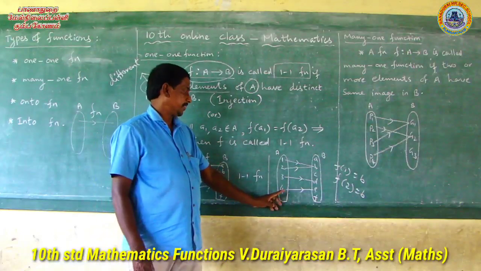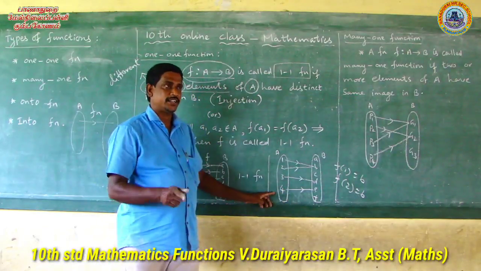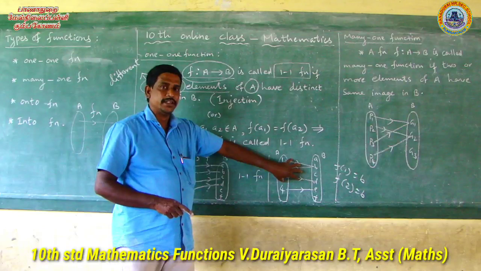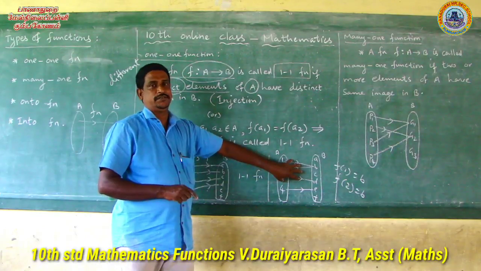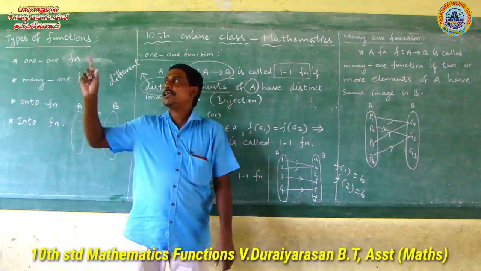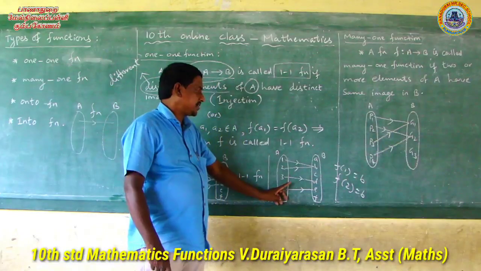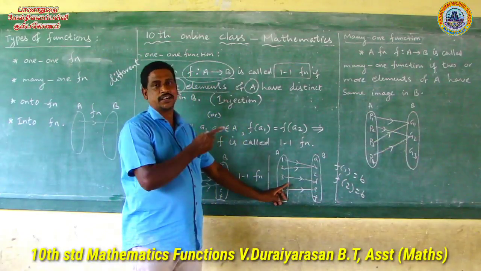First of all, is it a function or not? The given arrow diagram is a function. But what type of function? It is not a one-to-one function.